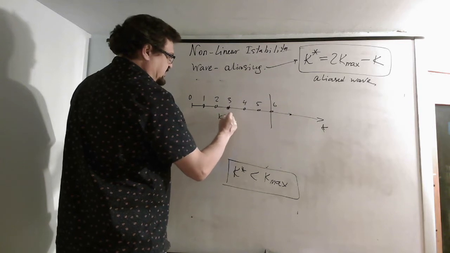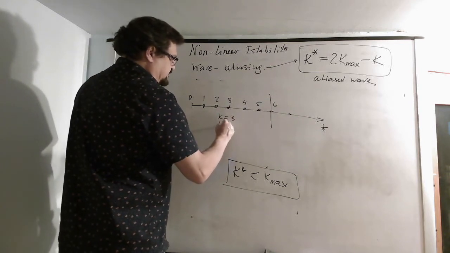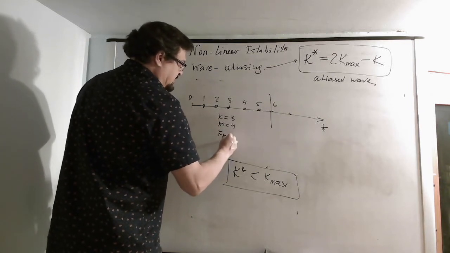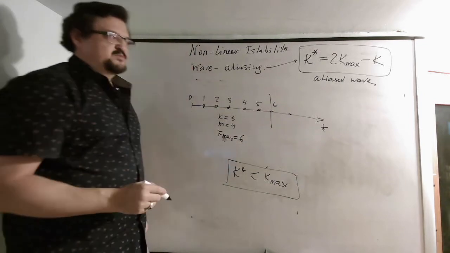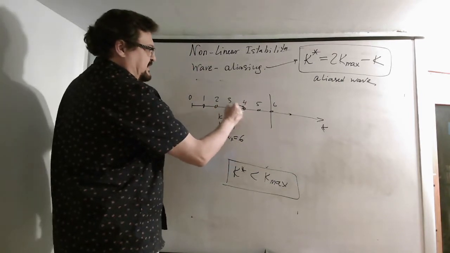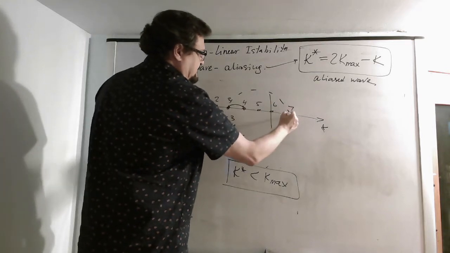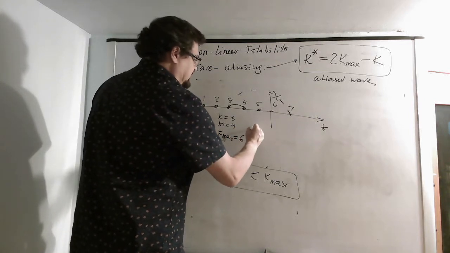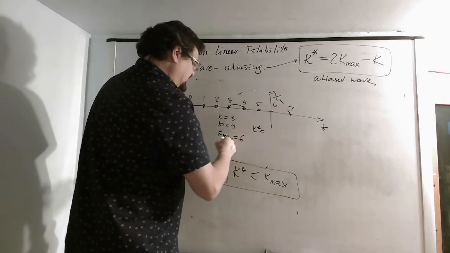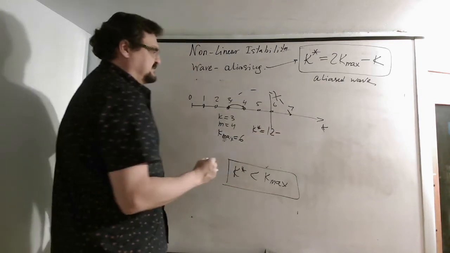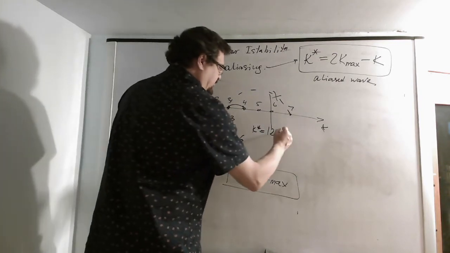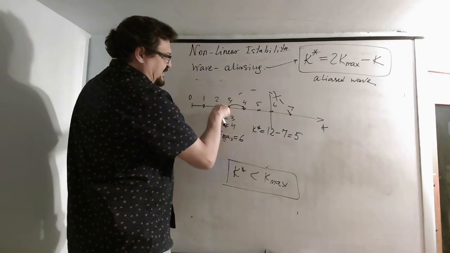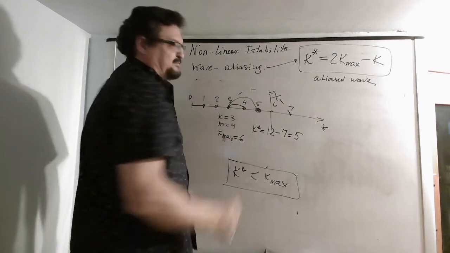So k equals 3, m equals 4, and k max is 6. The wave we will create if we interact 3 and 4 is not 7. That cannot be. Instead, k star equals 2 times k max, so 12, minus k plus m, 3 plus 4, or 7, equals 5. So instead, the interaction of waves 3 and 4 will create wave number 5.